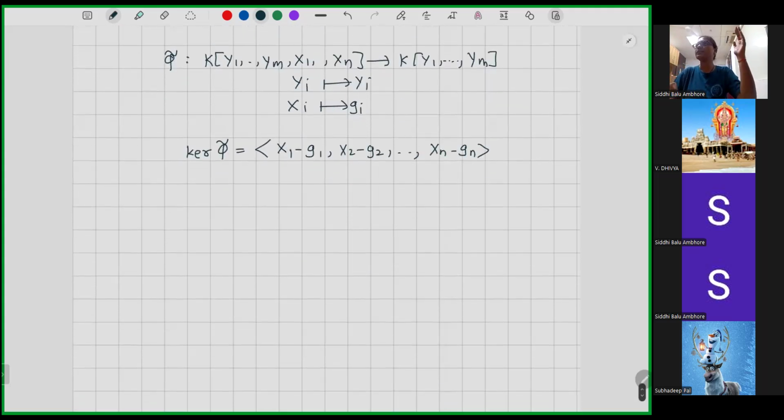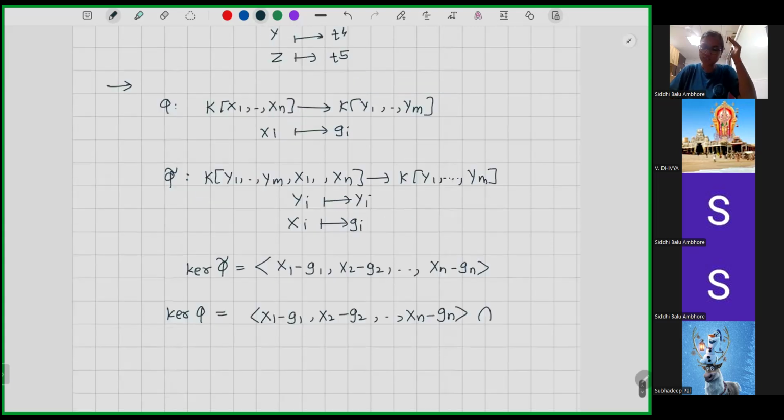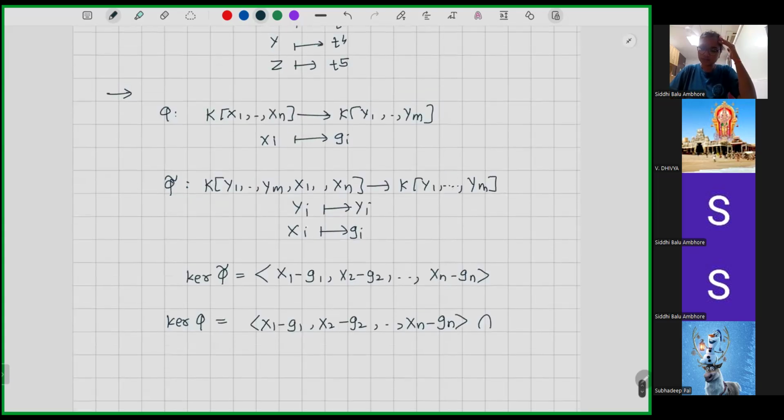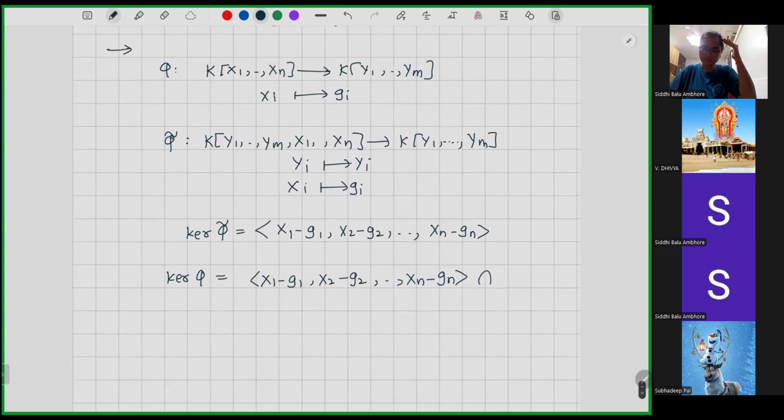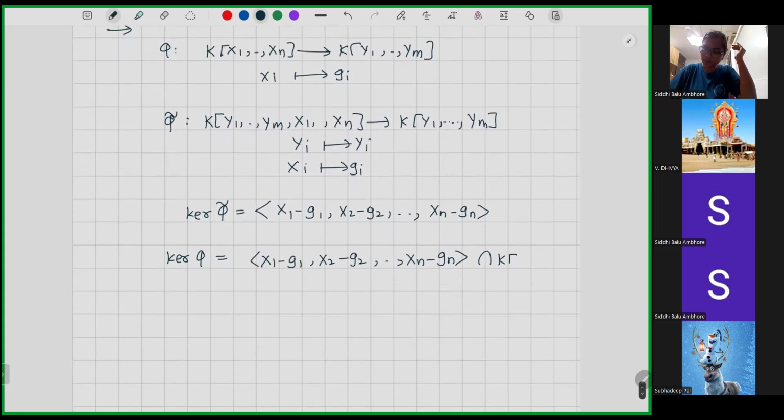Okay, and the kernel of P then is (x1 minus g1, x2 minus g2, ..., xn minus gn) intersection with this polynomial ring K[x1 to xn].